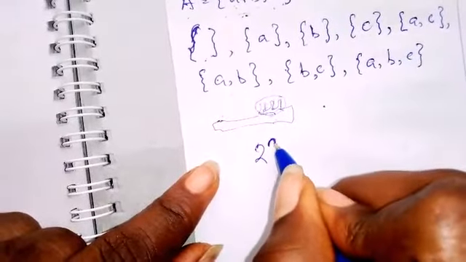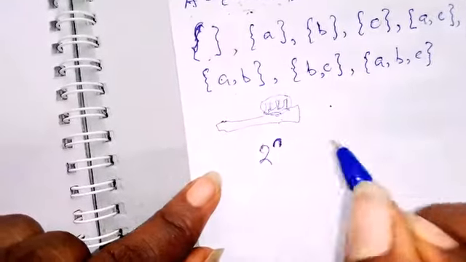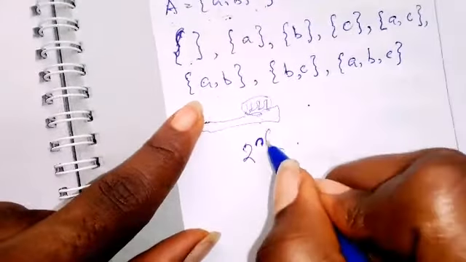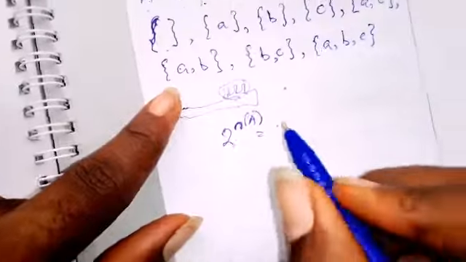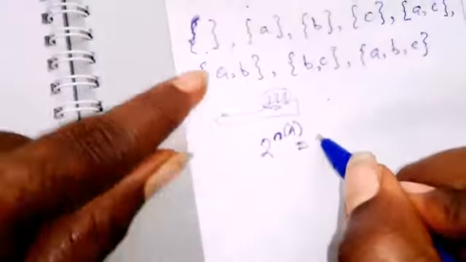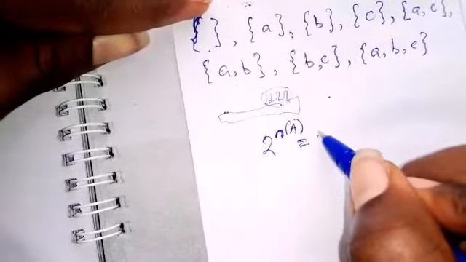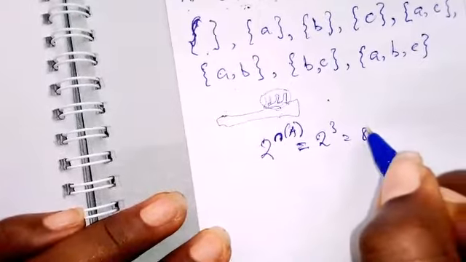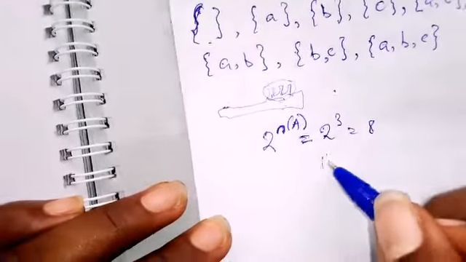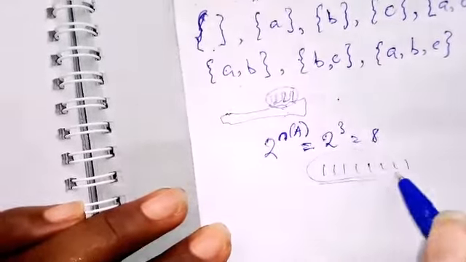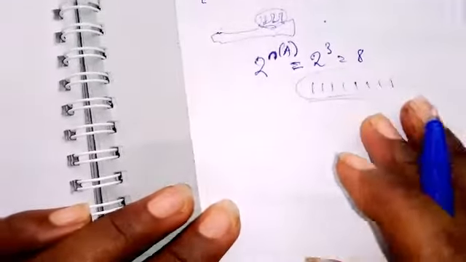The formula is 2 to the power n, and this n is now 3, that's the cardinality of the set. We have 2 raised to power 3, and that is 8. And if you count it, do, re, mi, fa, sol, la, ti, do, that is 8. That's where the concept is applied.